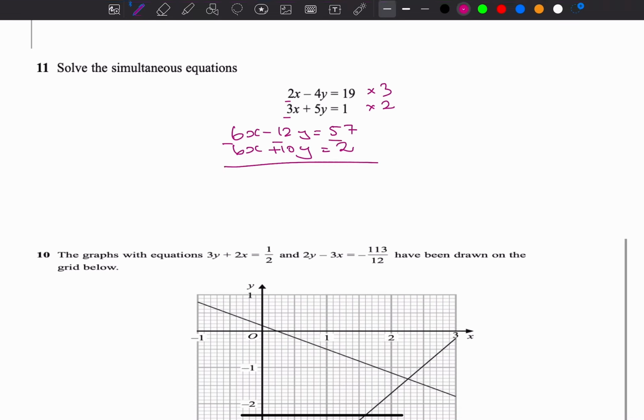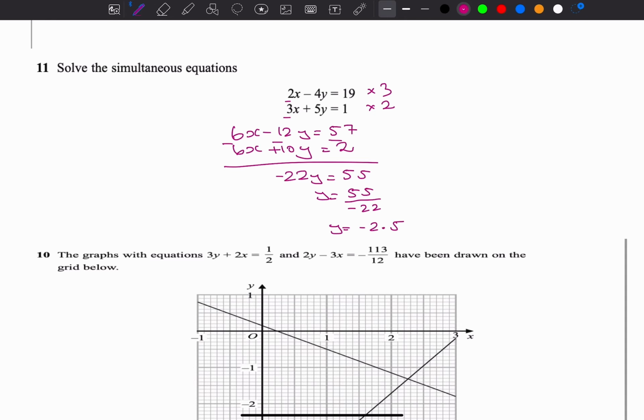Minus 22y equals 55, take away 2 is 55. y is 55 over minus 22, so y is minus 55 divided by 22. Minus 5 over 2, or you can use a calculator, that's fine, not a problem.